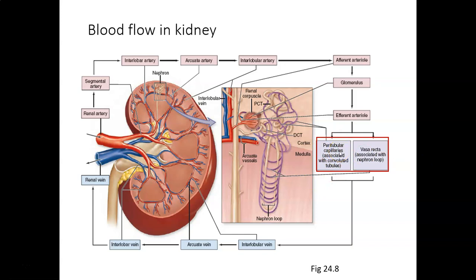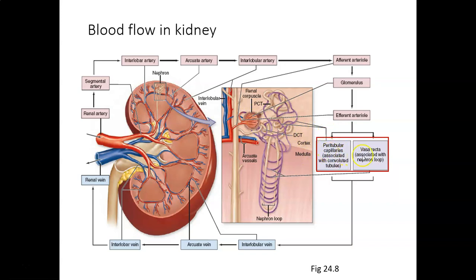We kind of alluded to this earlier, but you can see the blood coming into the glomerulus, right? You have the afferent arteriole, then the glomerulus, then coming out of the glomerulus as the efferent arteriole, then feeding those two capillary beds, right?